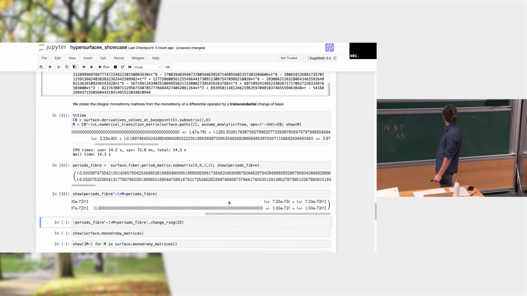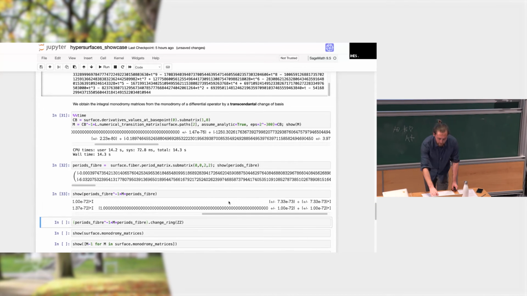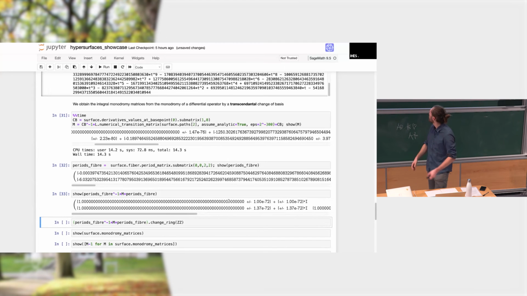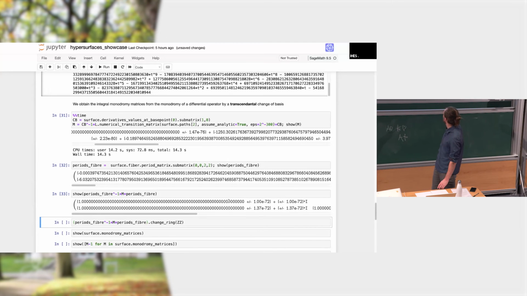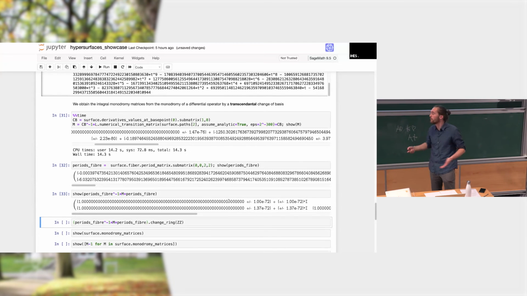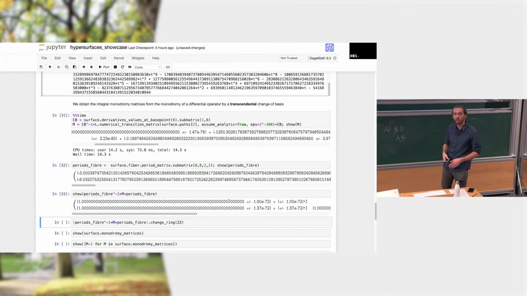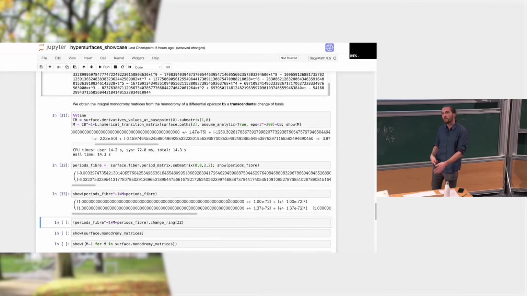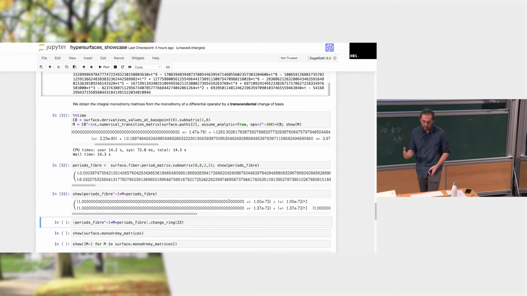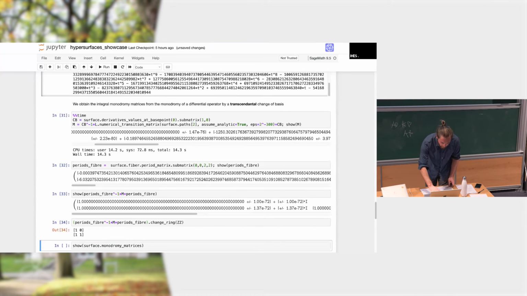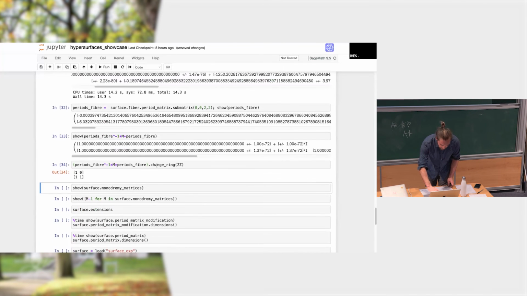And this is indeed what you find here: up to 72 digits you recover 1 in these entries. You know by the theory that these are integers, but since you've computed them with sufficient precision and rigorous error bounds, you can recover the exact action of monodromy on the homology of the fiber.